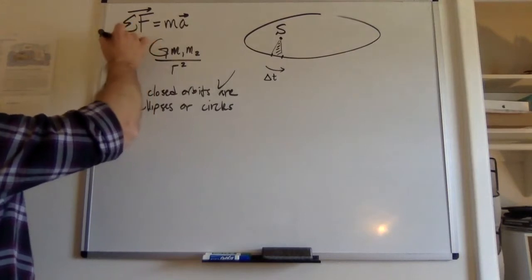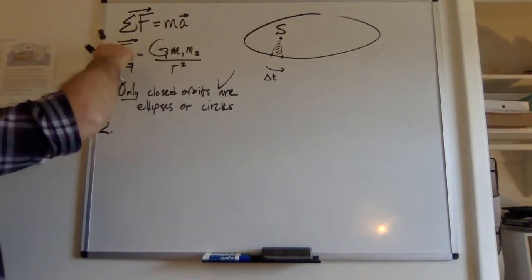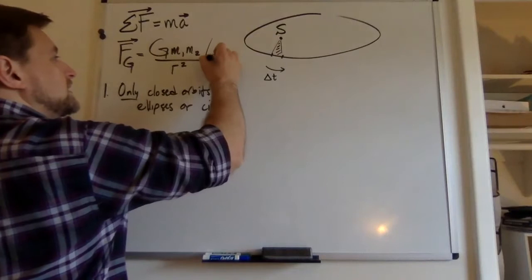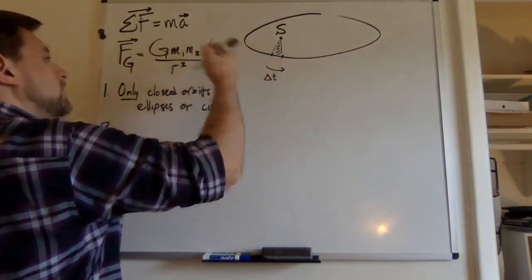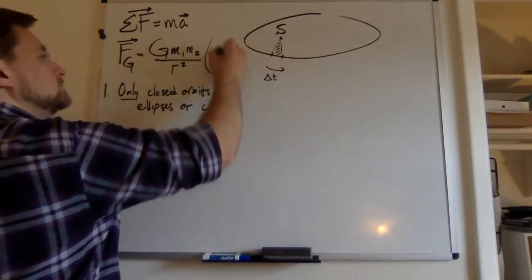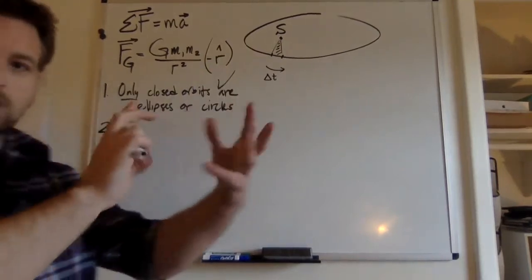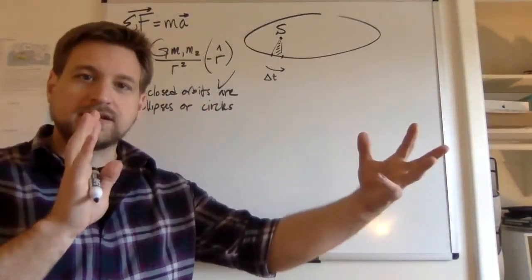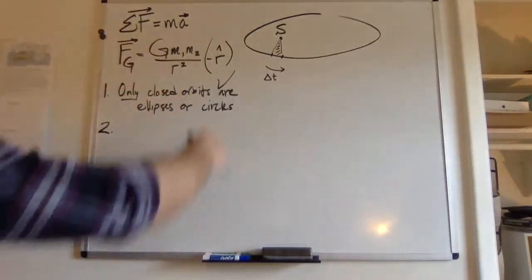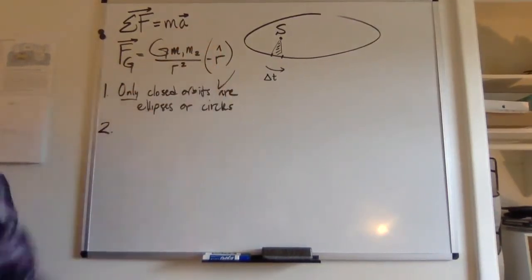The rest of his law, the rest of his proposal, is that the gravitational force between these two masses is directed along the line between them, along the separation between them, inward. So if r, the separation distance, increased, then they're getting farther apart. So negative r is the other way. It's along the line between them, and it's directed inward.